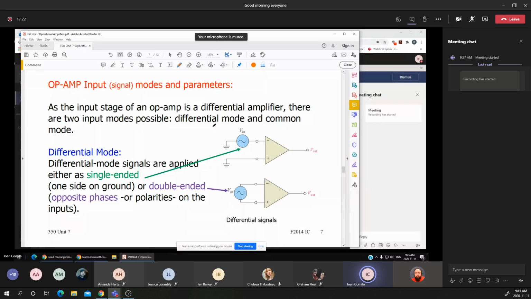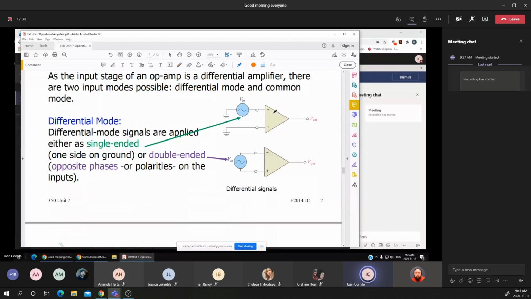move into the small signal. I'm talking about the small voltages and the signal analysis, or the signal parameters for an op amp. Now, in the same way, we can look at the entire op amp.